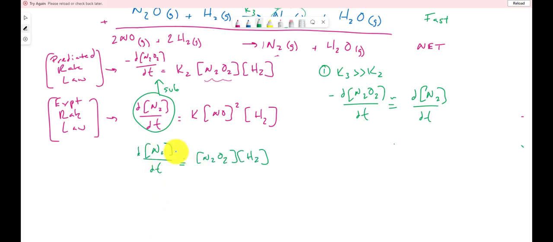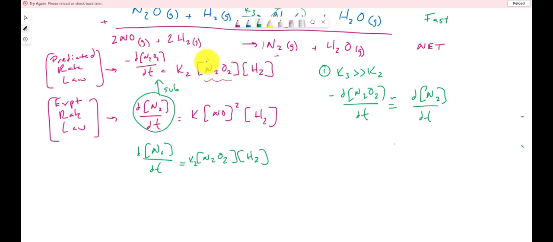And I can rewrite that like this, which is the same as what we had up here. Oops, I forgot the K2. Except now I've replaced the disappearance or the destruction of N2O2 with the appearance of N2, the rate of that appearance. Okay, so now we've gotten the disappearance of N2O2 out of this predicted rate law.